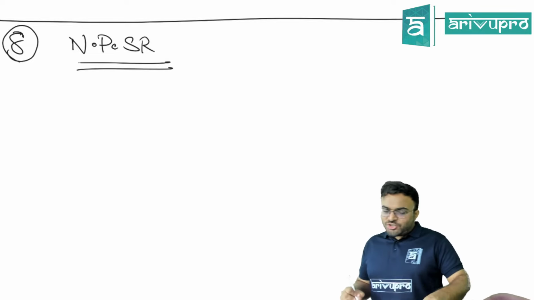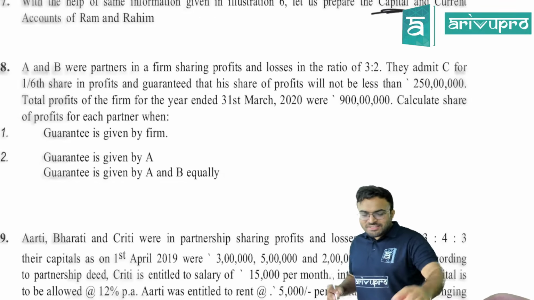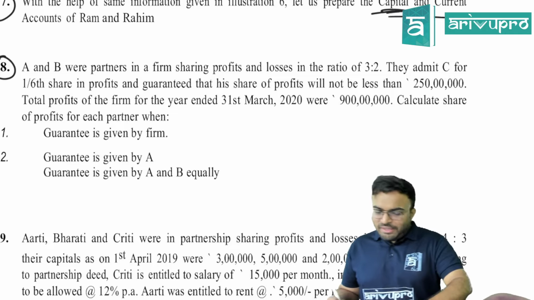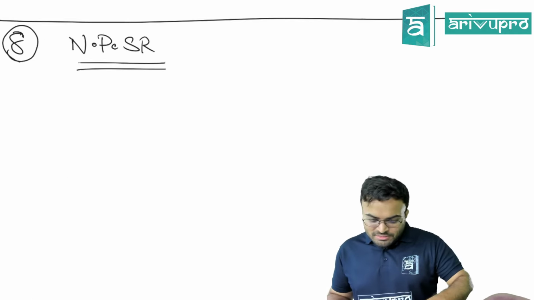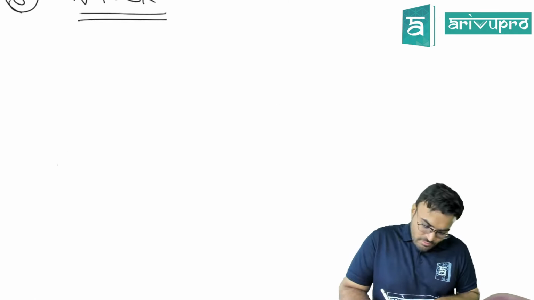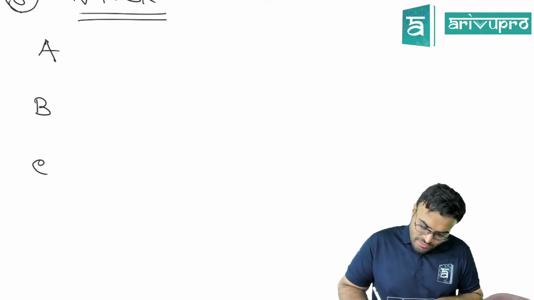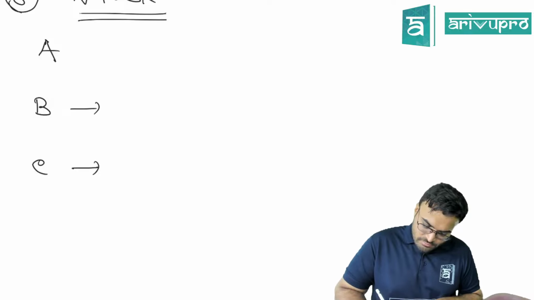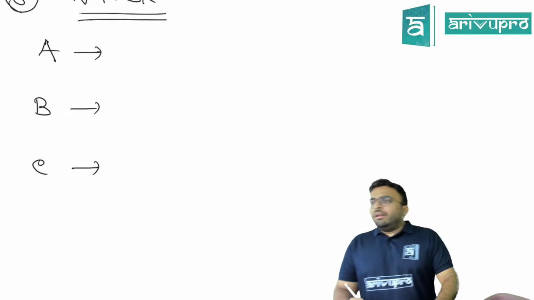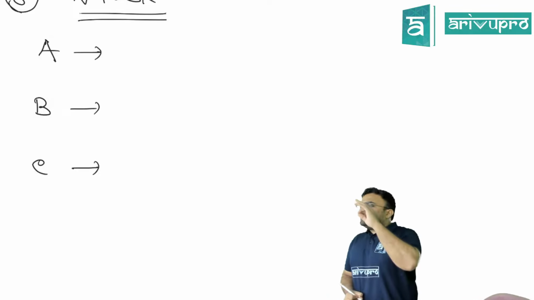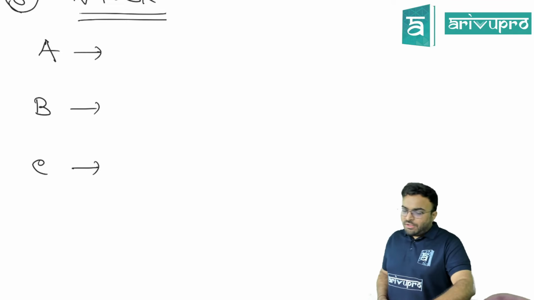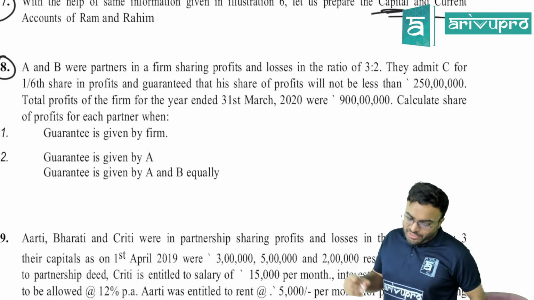New profit sharing ratio. Who are the partners? A, B. Who is a new person? C. A, B, C. Do you know that we are giving something fixed to C? Not the profit. What is C's share?